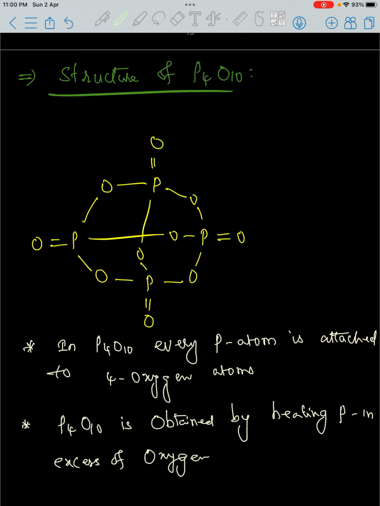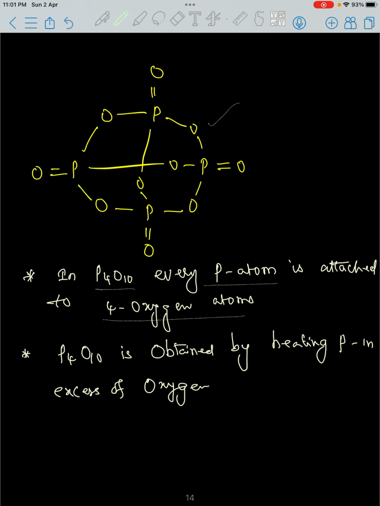Next, the second oxide of phosphorus is P4O10. The shape of P4O10 is this. For the above structure where phosphorus is there, you have to write a double bond with oxygen, then you'll get P4O10. In P4O10, every phosphorus atom is attached to 4 oxygen atoms, and P4O10 is obtained by heating phosphorus in excess of oxygen.